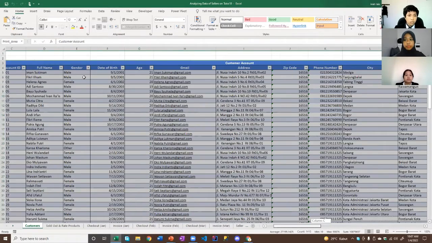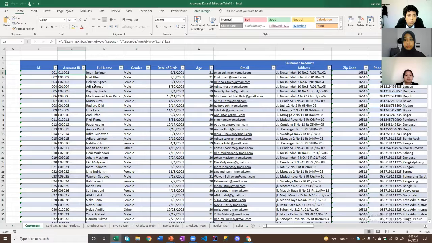Account ID is a unique identifier for each customer record. Each account ID has a meaning, like C for customer, 11 for registration month, 001 for registration order. The account ID column has many formulas like ampersand, left, text, and search.